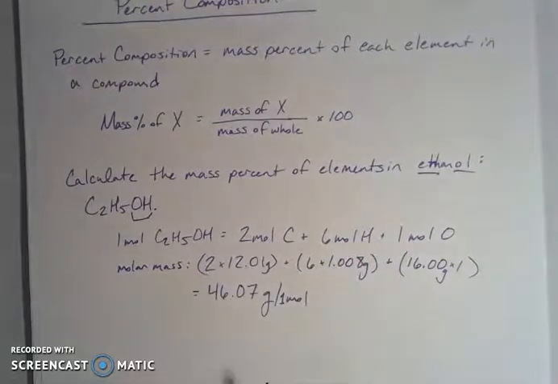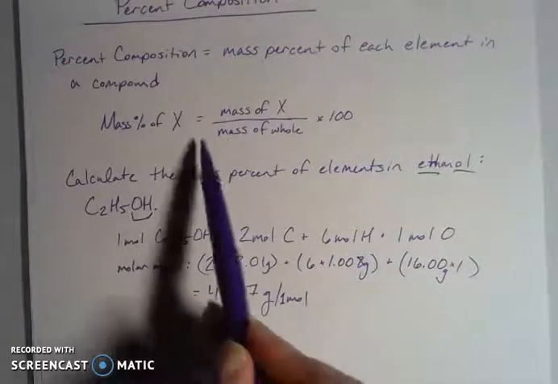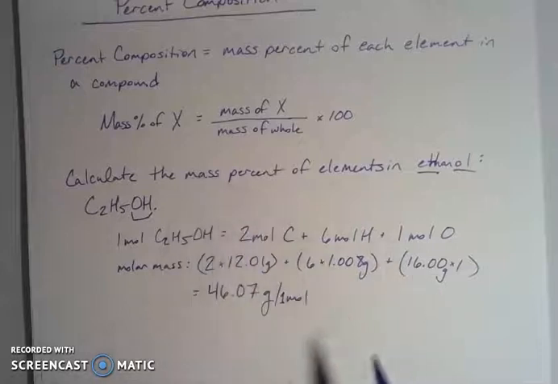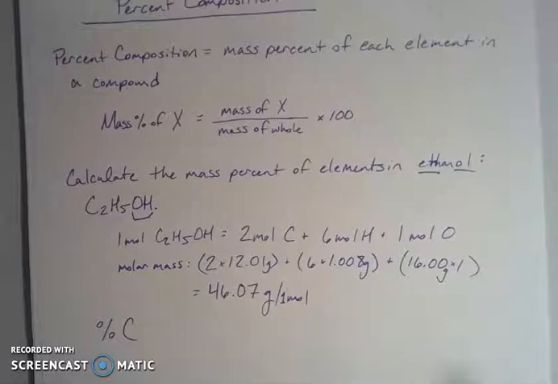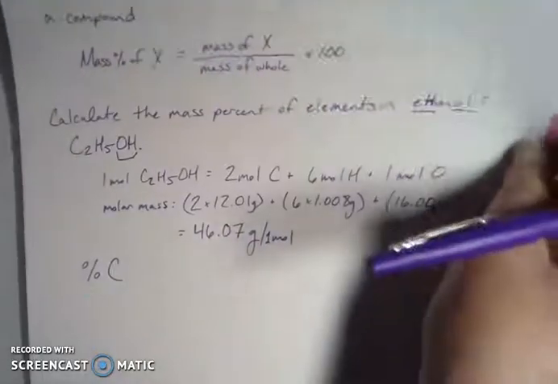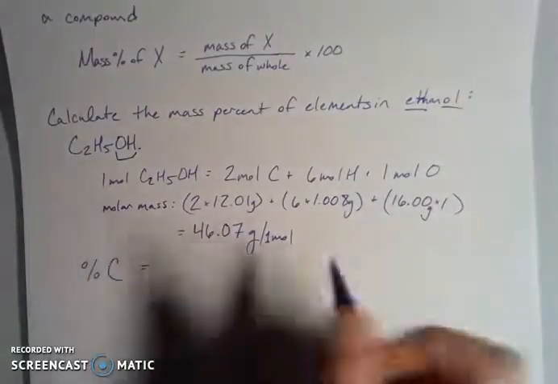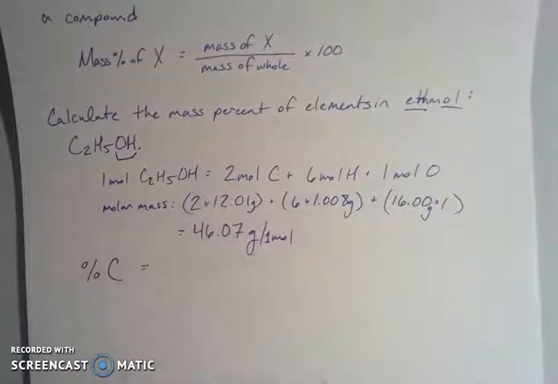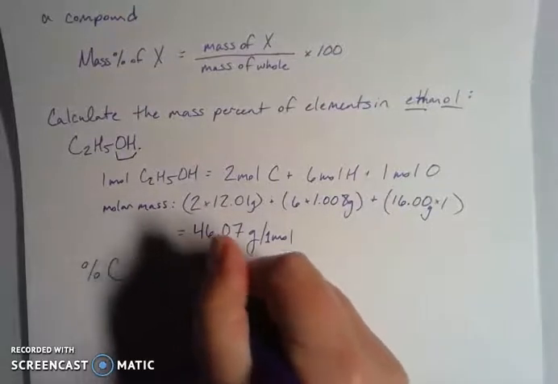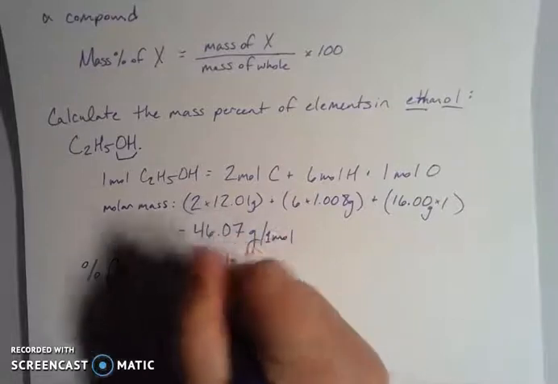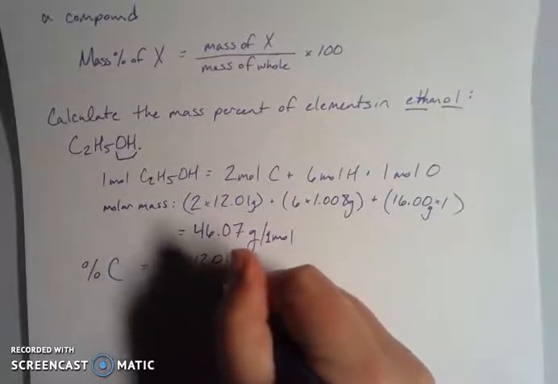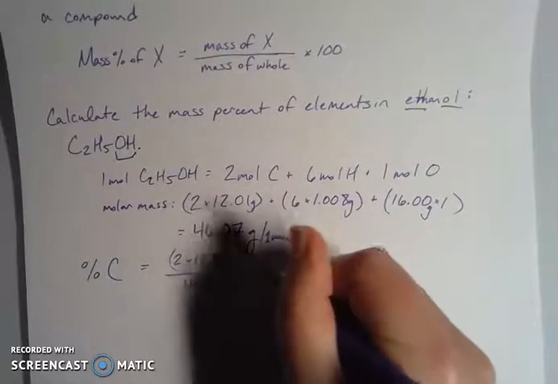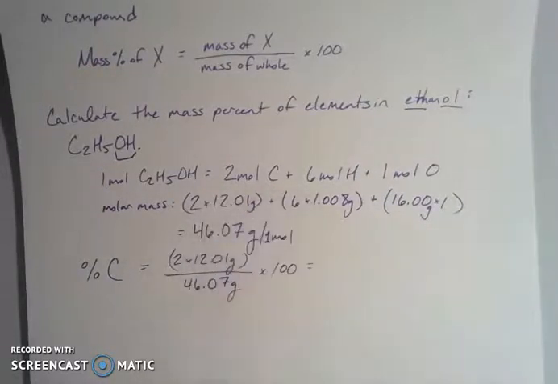Okay, so if I want the percent composition of each, then this is my total, the mass of the whole that we're going to use. If I wanted to find the mass percent, or the percent composition, of carbon in here, then I would say it's the mass of the carbon, 2 times my 12.01, divided by the whole, multiplied by 100, because it's a percentage.